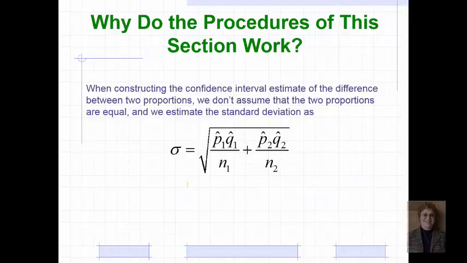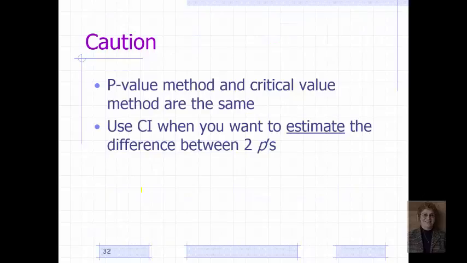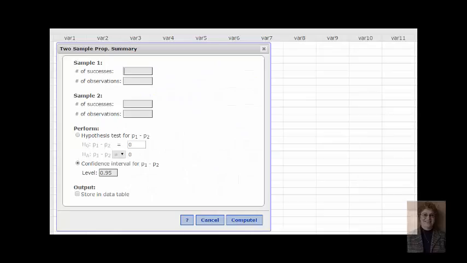So, just know it works, and we're good, and that's okay. Now again, use this caution. The p-value method and the critical value methods are the same, but you only want to use the confidence interval when you want to estimate the differences between the two proportions from the two different populations.